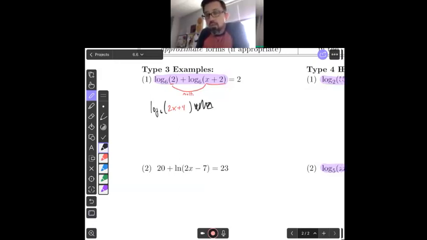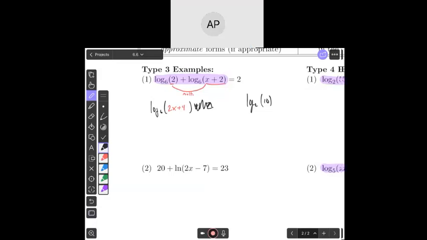Nope, not 6 to the power of 2x plus 4. What's log base 2 of 10 mean, Andrew? Log base 2 of 10. I couldn't hear you, sorry.